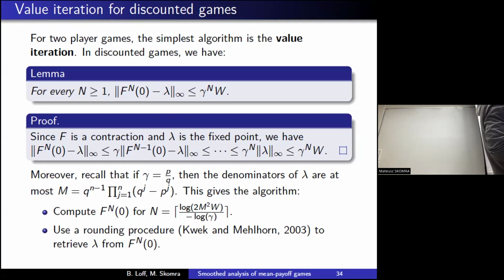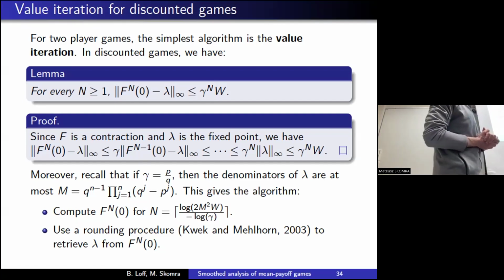Just by saying that f^n(0) minus lambda is f^n(0) minus f(lambda), because lambda is a fixed point, this is smaller than gamma times the same thing. You repeat this and you get gamma to the n times the supremum norm of lambda. We know that this is bounded by the highest payoff, so this is gamma to the n times W.